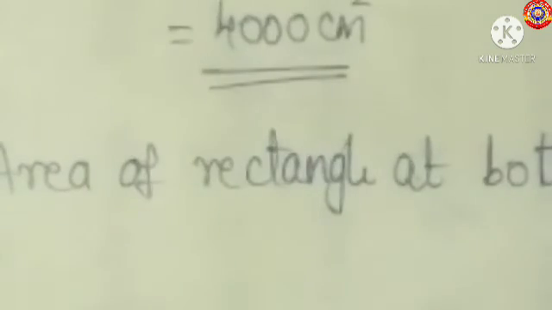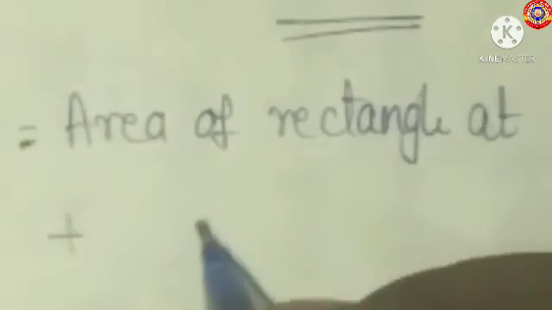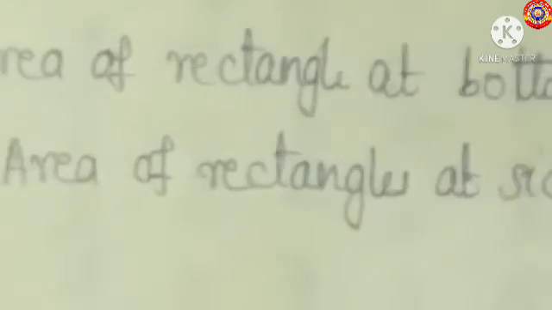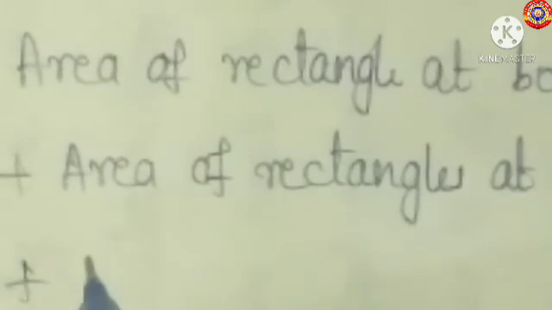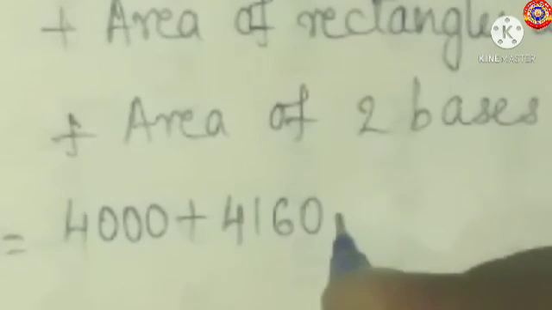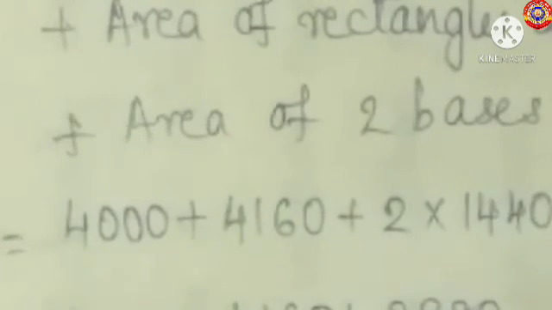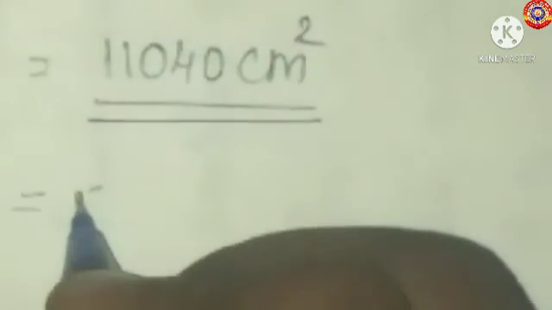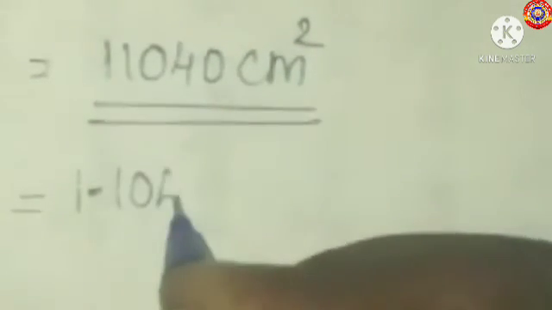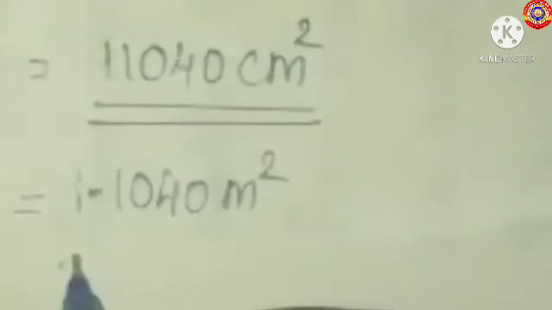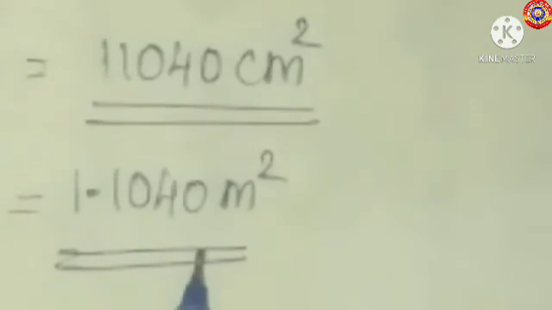So TSA becomes area of the rectangle at the bottom plus area of rectangles at sides plus area of two bases equals 4000 plus 4160 plus 2 into 1440. Then we got the answer as 11,040 centimeter square, which is equal to 1.1040 meter square.